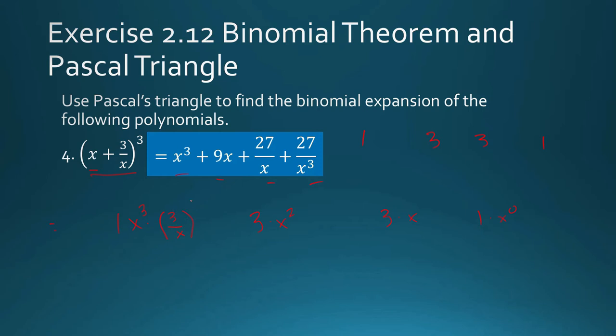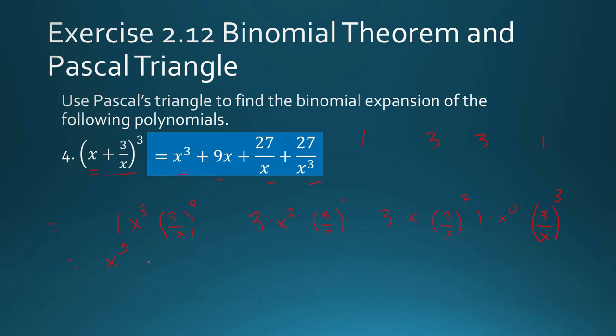So this is like 3 over x raised to 0, times 3 over x raised to 1, and this is 2, and then times 3 over x raised to 3. So this is equal to, this is just x cubed. And then how about this?